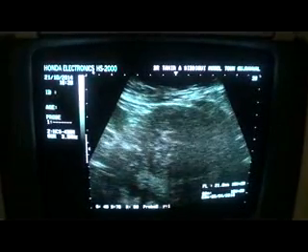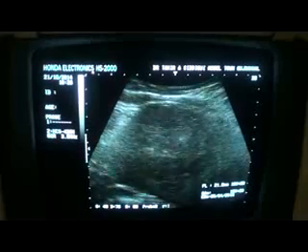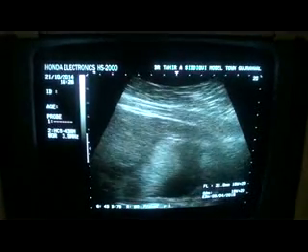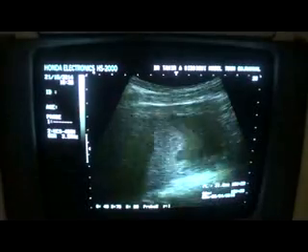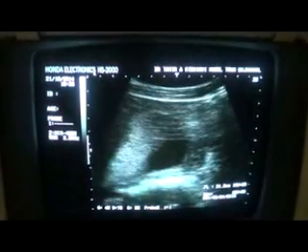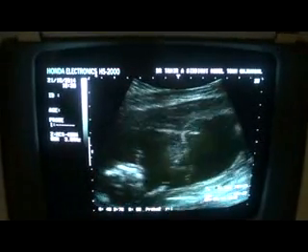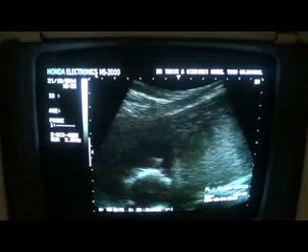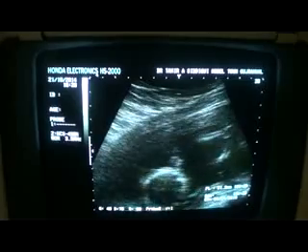Here it is, fibroid. You see, this is the lower segment. This is the fetus, a bit pushed downwards.